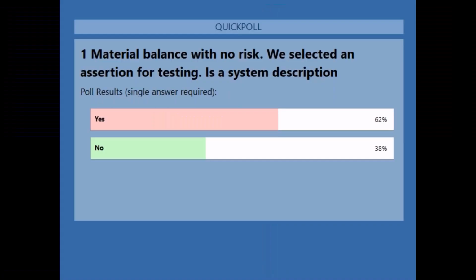This is a very interesting result. 62% of delegates said yes, I need a system description when I have a material balance with no risk raised and just a selected assertion, and 38% said no. Very important: the standard does not require a material balance with no risk to have a system description. Let's go back to that slide so we can see it.